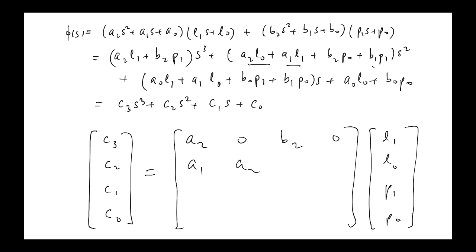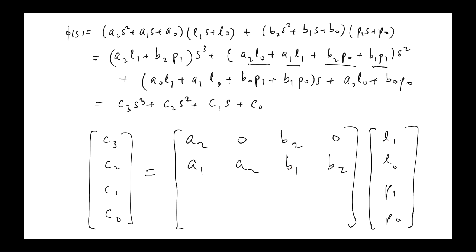Then you need B1 times P1 and B2 times P0. All right? So making the second row of this matrix in this way corresponds to equating C2 to A1 times L1 plus A2 times L0 plus B1 times P1 plus B2 times P0, right? And so you can keep on going like this.